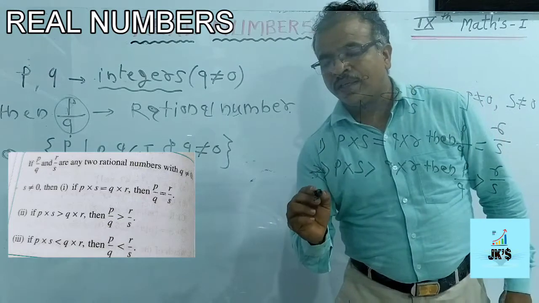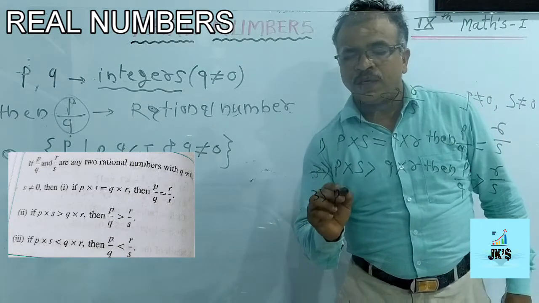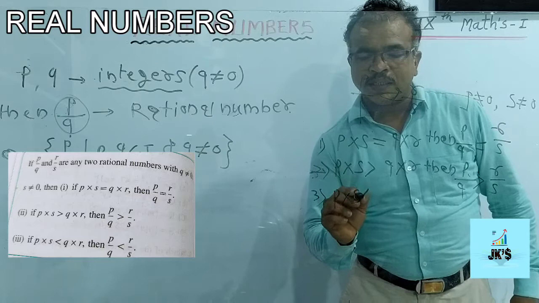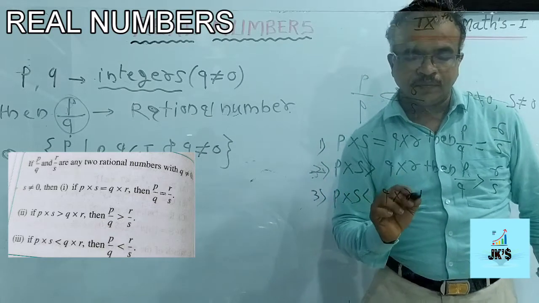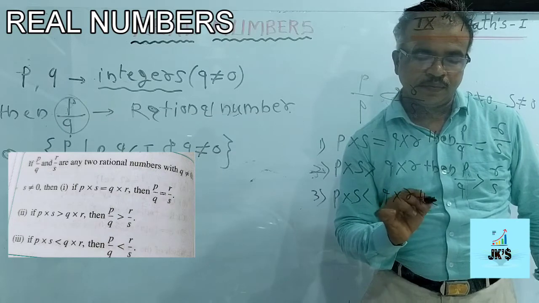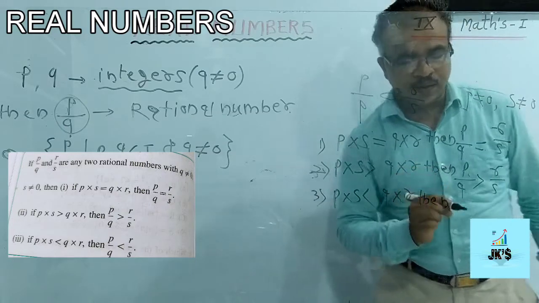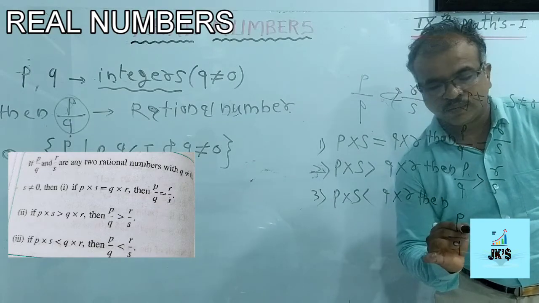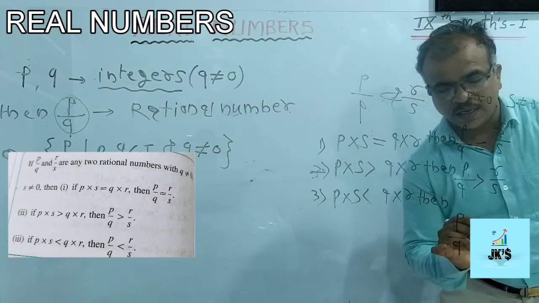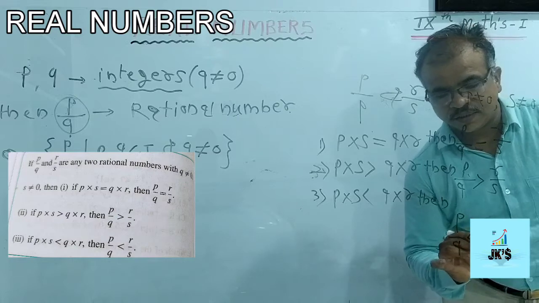And third, if p into s is less than q into r, then p upon q is less than r upon s.